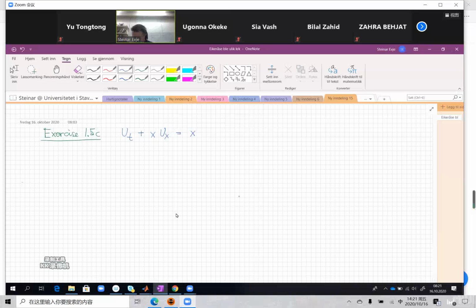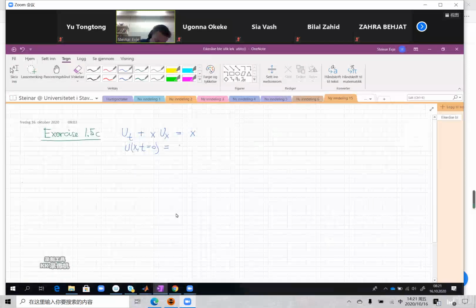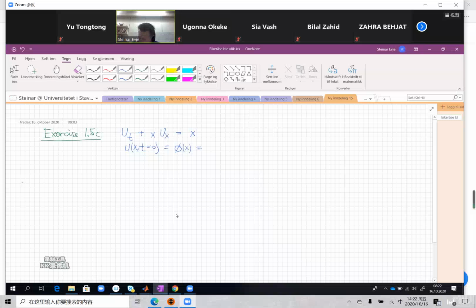So let's also add what we need more, which is some information about the initial data, u(x, t=0). I prefer to give this a name. I call it, as we have done before, phi(x). But we also note that we have been given the information that this should be cosine of 90 multiplied by x.